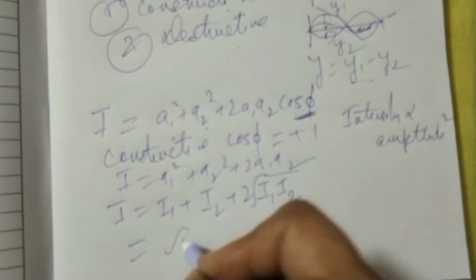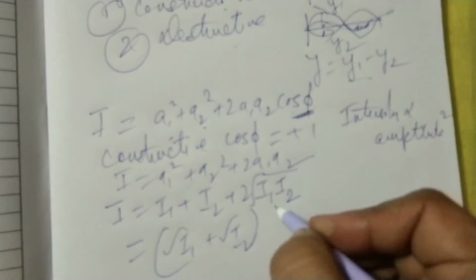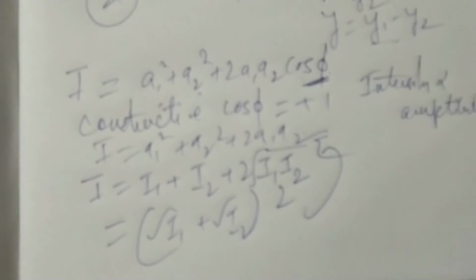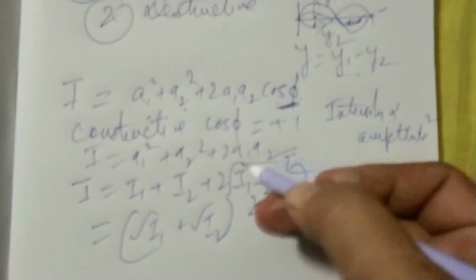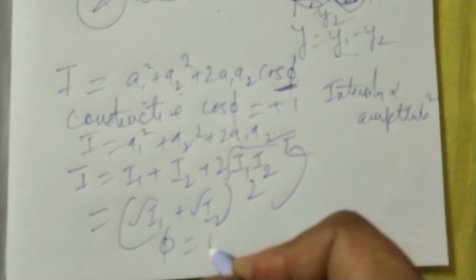So we can write this as root I1 plus root I2, whole square. If you expand, you get back the same equation. Now the question arises, when is cos phi equal to plus 1? Cos phi is equal to plus 1 when phi is equal to 0 degree.